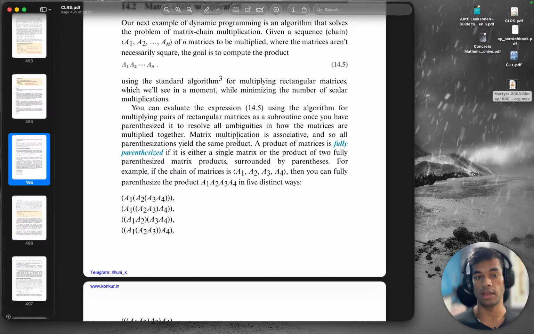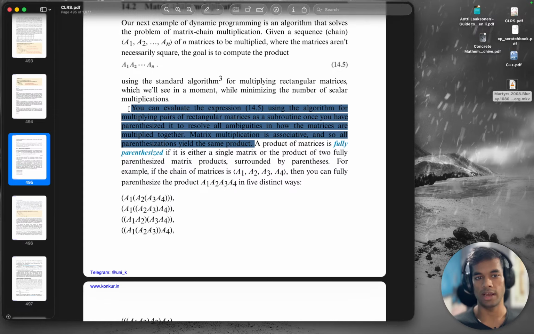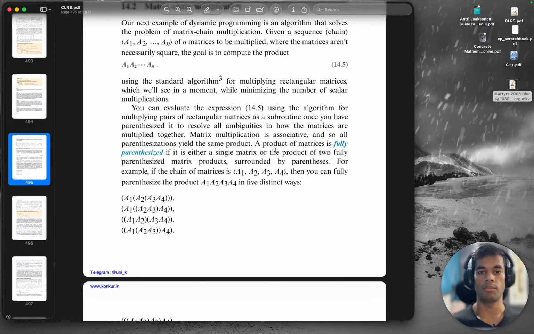All we have to do is reduce the total number of scalar multiplications that we have to do to get to that product.